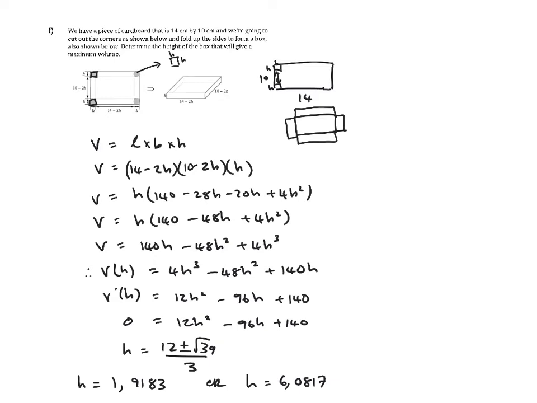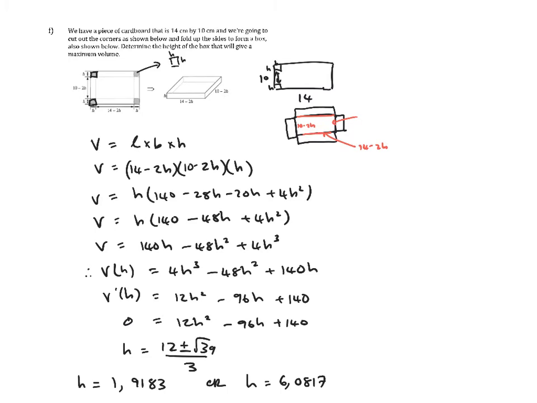So this part here was 10, so it's 10 minus 2h, and this part here would also be 10 minus 2h, and then that part there, it was 14, so it's 14 minus 2h, and of course that's the same as there, right? So that's kind of the simultaneous equation part.